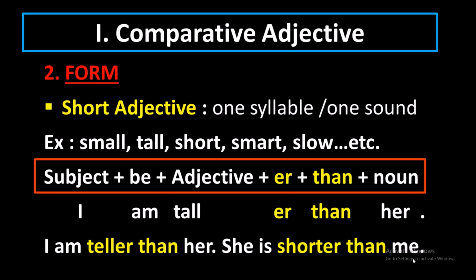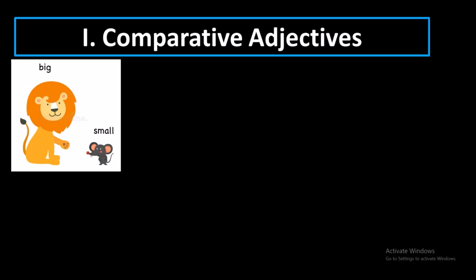Okay, let's take a look at some more examples. You see the picture here, big, small. So the lion is big and the mouse is small. Maybe you call it a rat or whatever. So how can you make a sentence to compare these two animals?